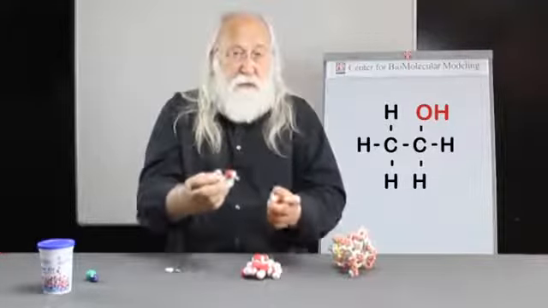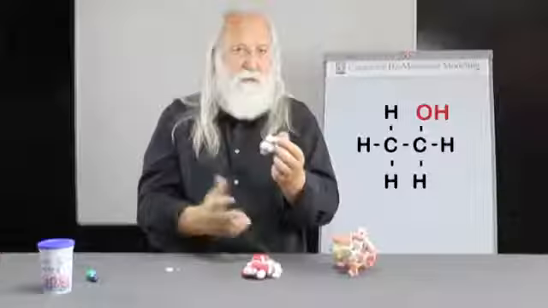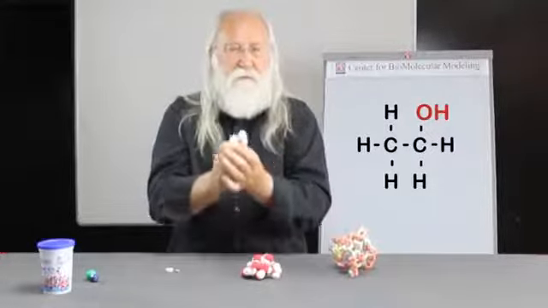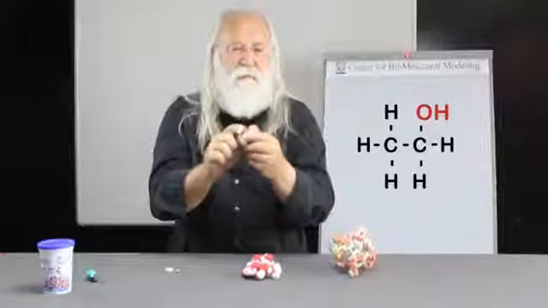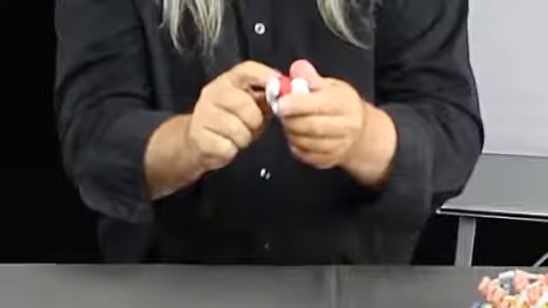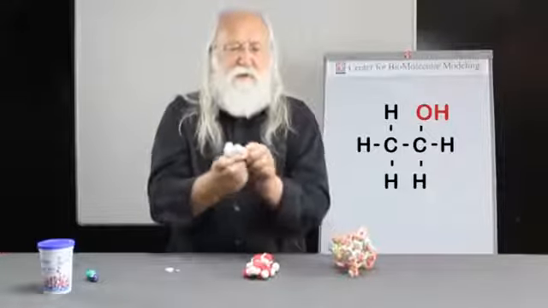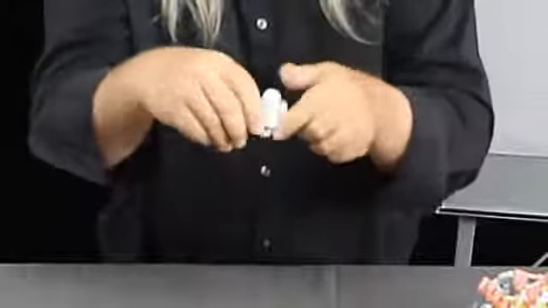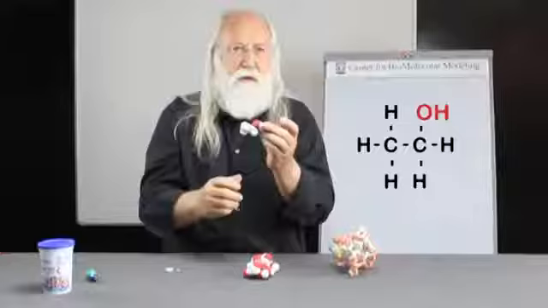If you mix ethanol with water, now suddenly you're going to find that those two solvents mix together very, very easily, very freely. So what we've done here is we've taken a hydrophobic hydrocarbon, added a polar functional group to it to make ethanol, and now we've changed the solubility properties of the hydrocarbon from being insoluble in water. Now the alcohol that derives from that is soluble in water.